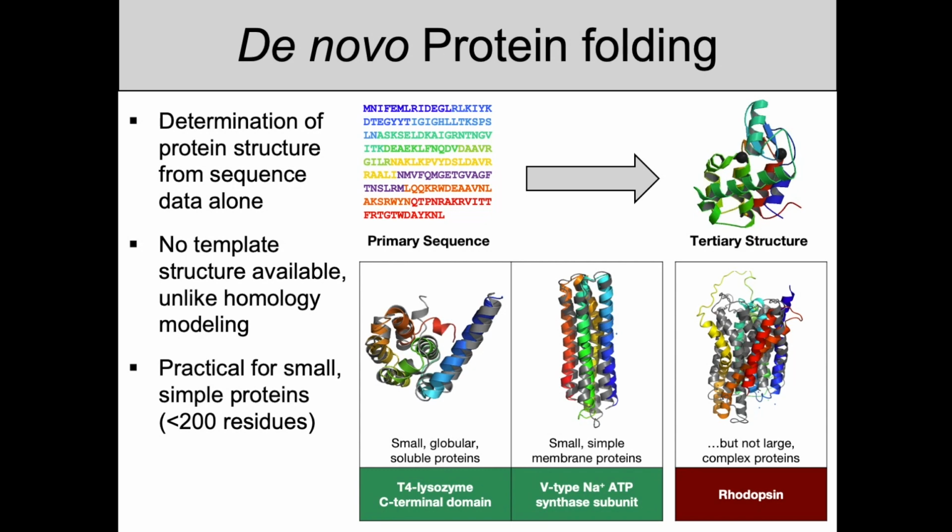You can also do this for small membrane proteins, alpha helical bundles. But once you get into larger membrane proteins such as rhodopsin, then it just becomes impractical. So we're going to work with T4 lysozyme, which is about 100 residues, and so we'll be able to get models that are actually pretty close to the native structure.